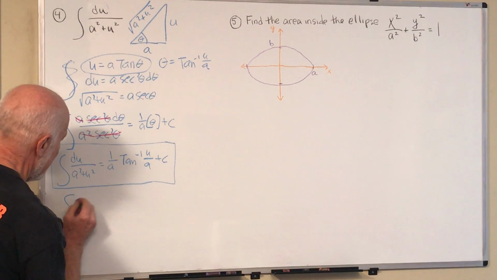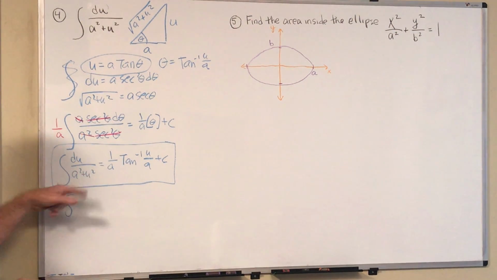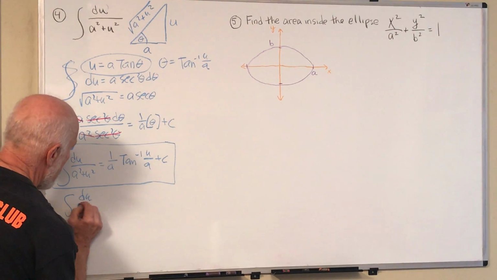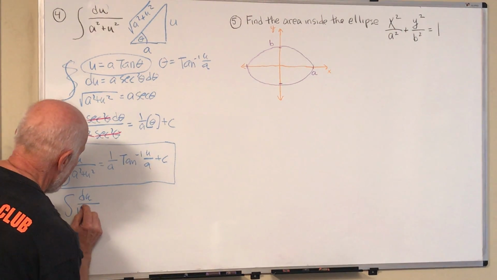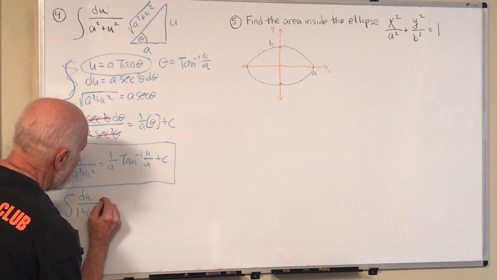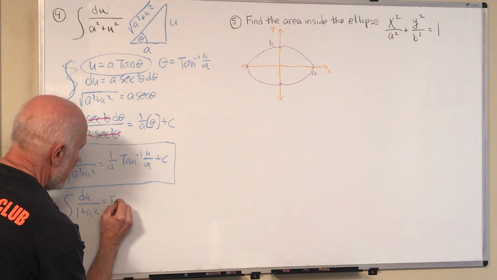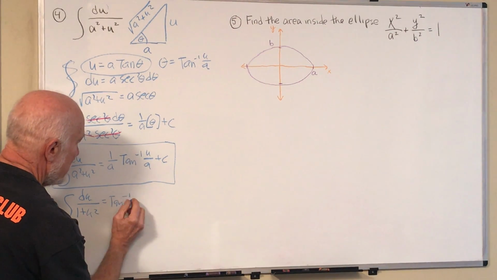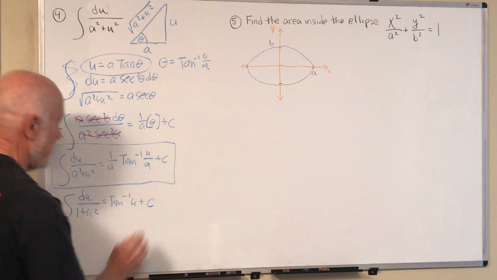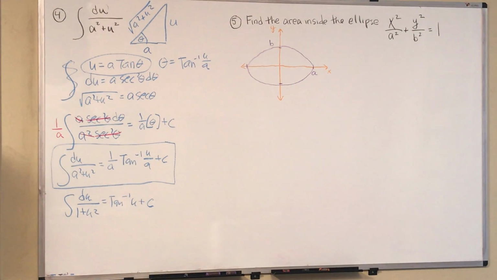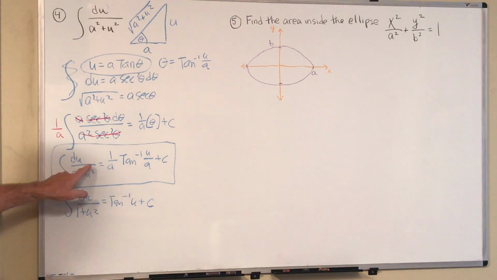Then we'd have du over 1 plus u squared to be the inverse tangent of u plus c. That was one of our big 10 forms. This just makes it more general.